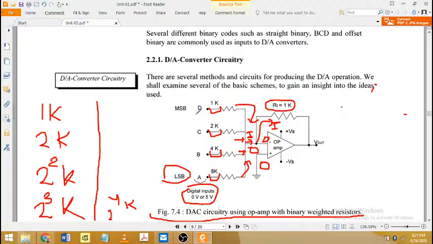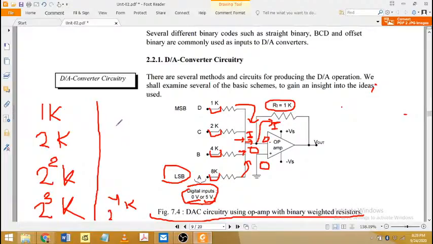Here the high level is 5 volts and the low level is 0 volts. Depending on what digital word you want to convert into analog, each input will have its value.